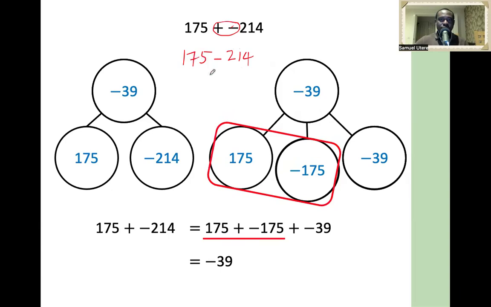So your answer will definitely be a negative number. So it's a bit like saying, well, let me do it the way I would normally do it without thinking about the negative sign. You would get 39, but you know your result should be negative because you are trying to take away a very large number from a smaller number.